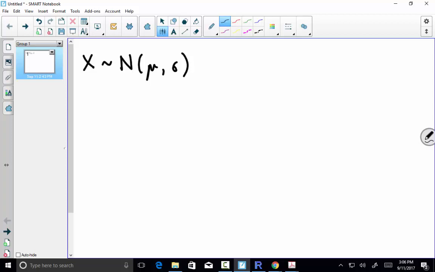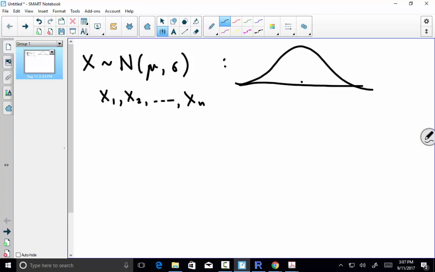We might observe a sample of data from this distribution. Suppose we randomly drew n individuals from this population. Here's a picture of the probability distribution.